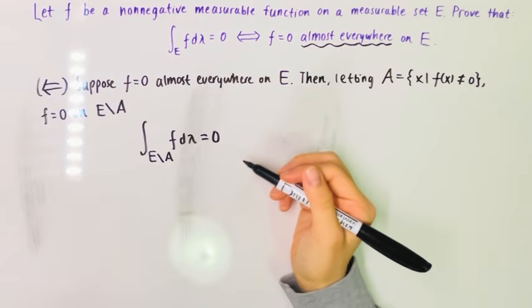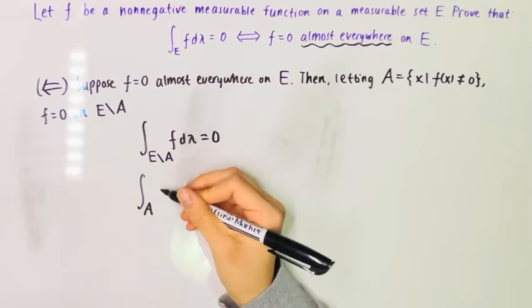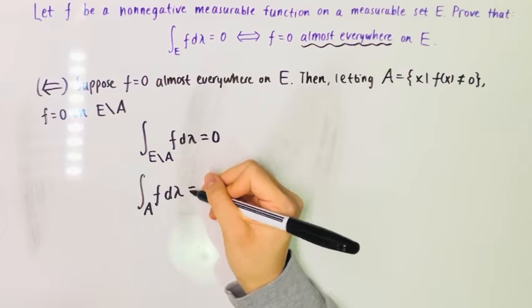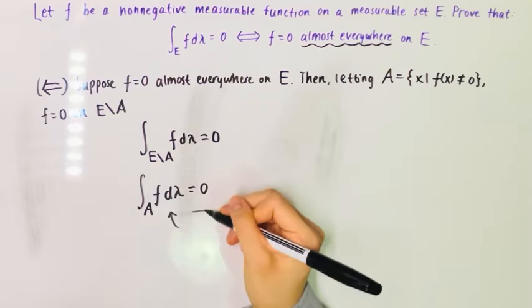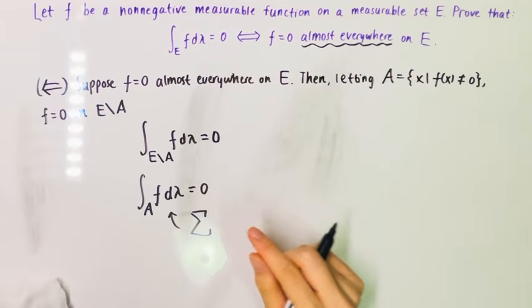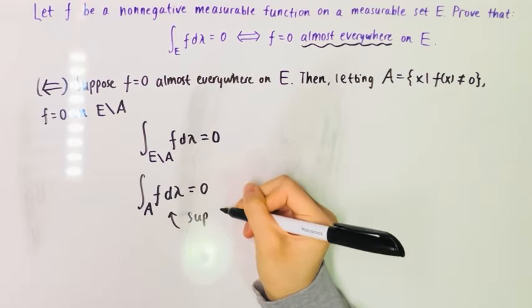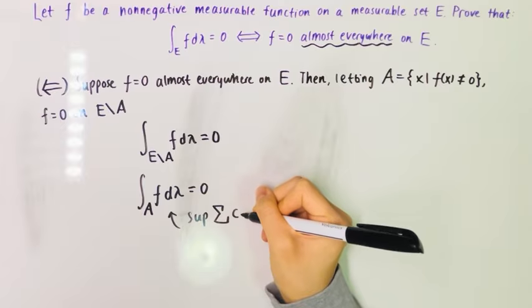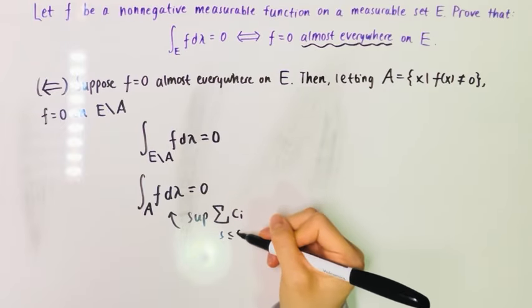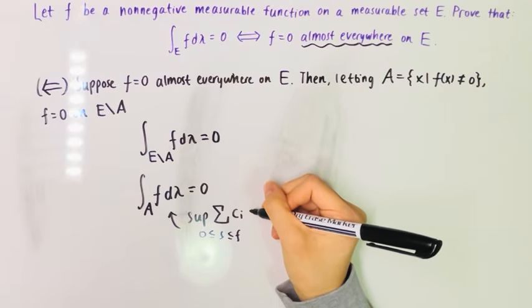But also see that the Lebesgue integral over A of f d lambda is also 0. And why is that? Well, if we think about the definition, this is just going to be the supremum over all the simple functions that take on the values c such that the simple function is non-negative and also less than or equal to f.